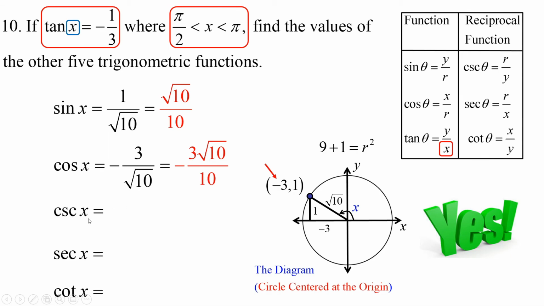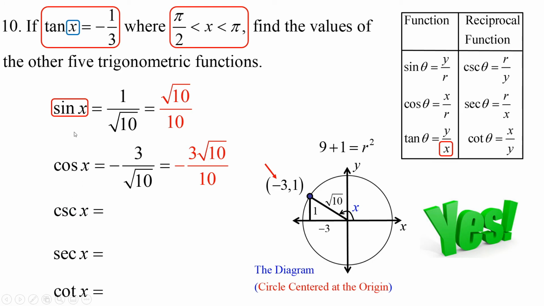Cosecant of x. Well, this is kind of cool because now we start doing our reciprocals. And isn't cosecant the reciprocal of sine? And you could do it over here and use the r over y if you want to. But I like to do this.